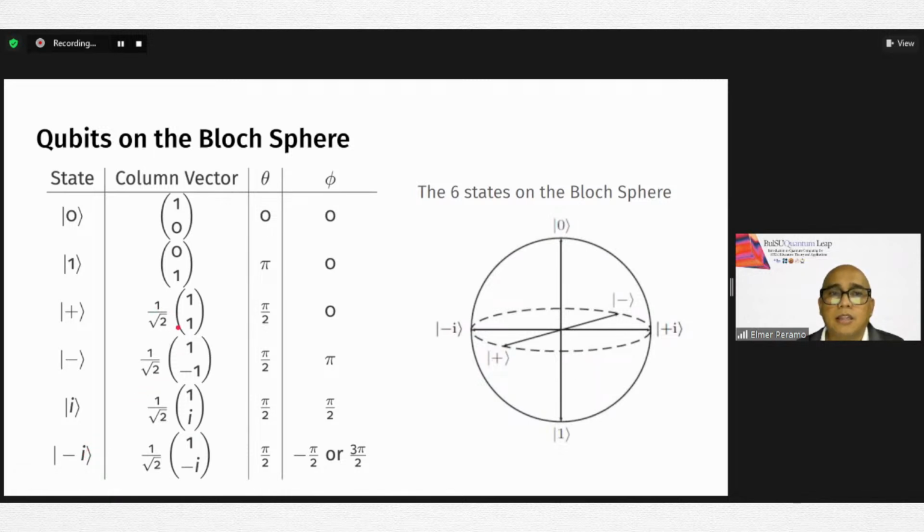So ket plus is the column vector 1 over square root of 2 of 1, 1. And the angle it makes, theta, is pi over 2. And since this is plus, the azimuthal angle starts here. But for minus, you move from here to there.